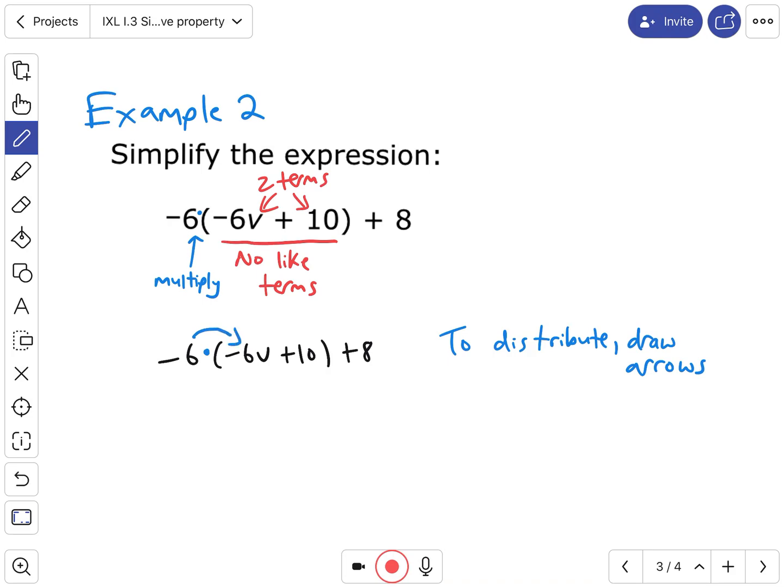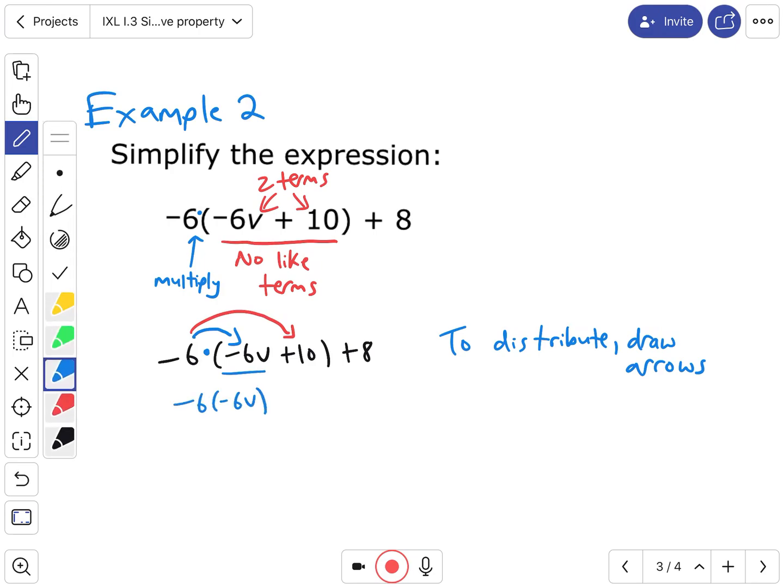The negative 6 is going to multiply to this negative 6v, and the negative 6 is also going to multiply to the positive 10. So right here, underneath this, I'm going to write negative 6 times negative 6v, and I'm also going to write negative 6 times a positive 10 for this one. So this negative 6 is multiplying twice, right? So this is going to multiply to both of those numbers inside the parentheses.